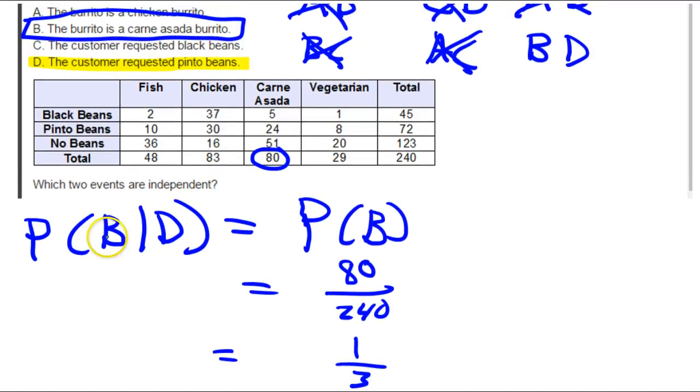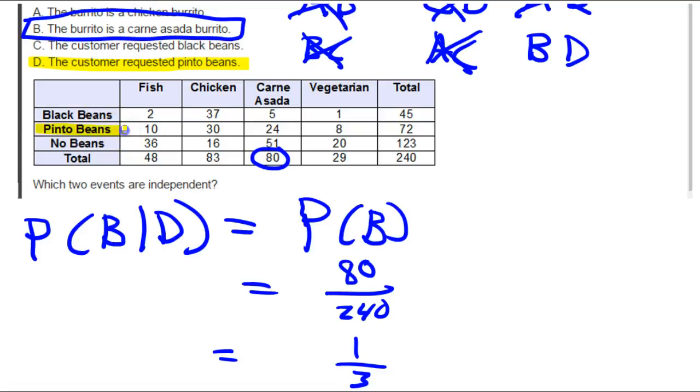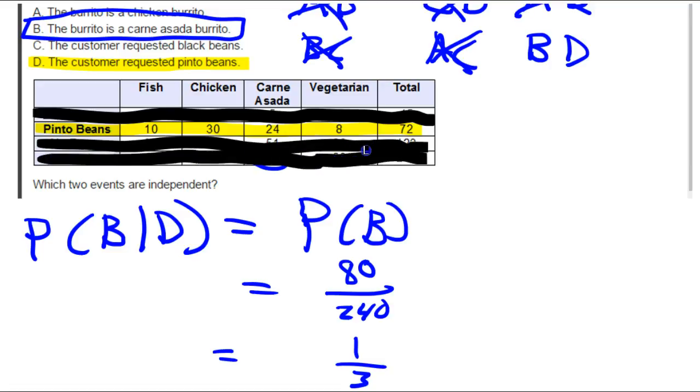That's 1/3. Now let's calculate the probability of B given D. D is the pinto beans. So we're given pinto beans. That means it's not black beans. It's not no beans. And these totals don't matter. This is all that matters now. What's the probability of B, the probability of carne asada?